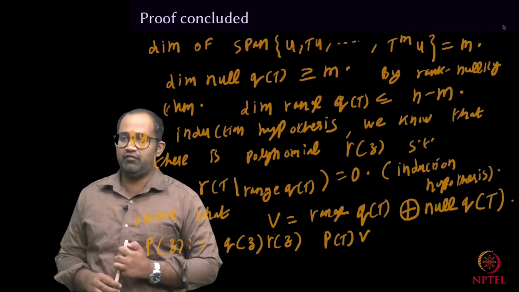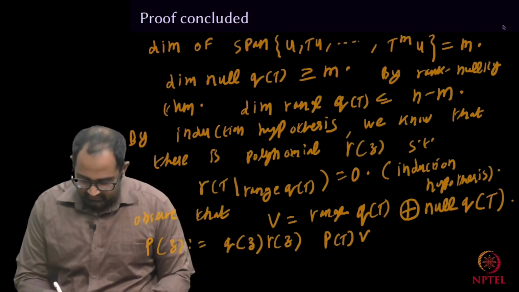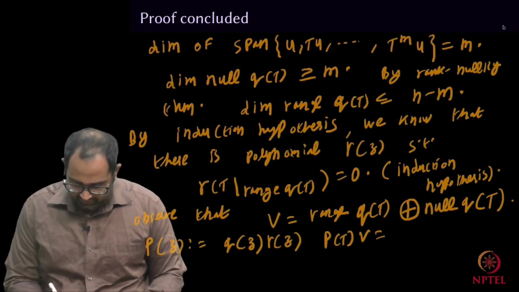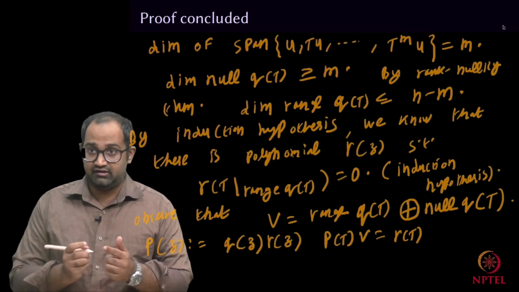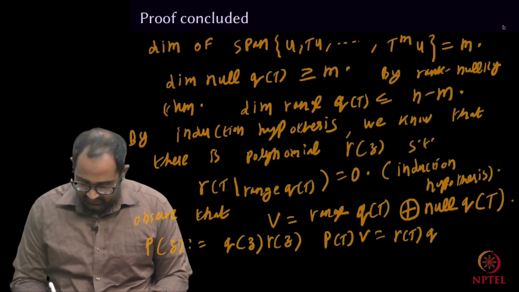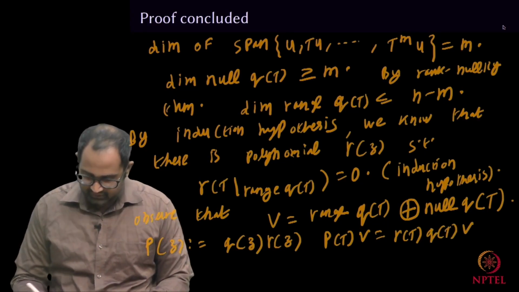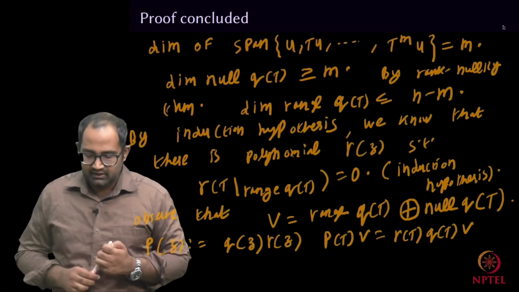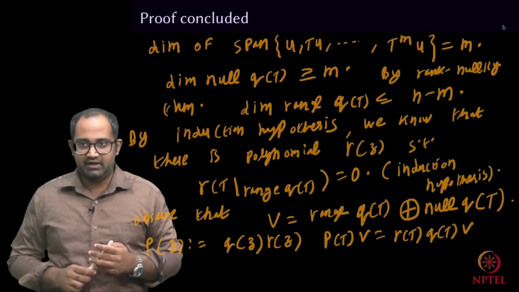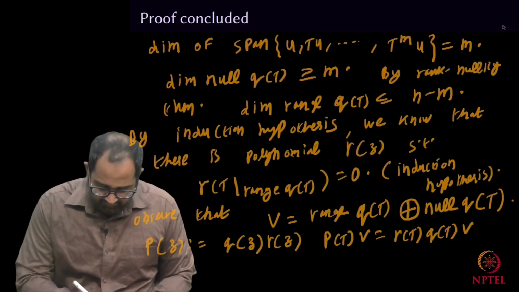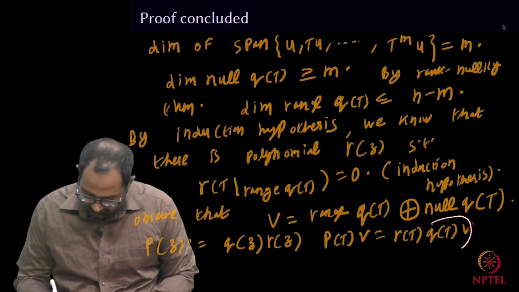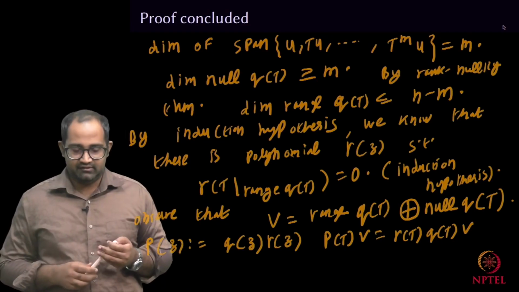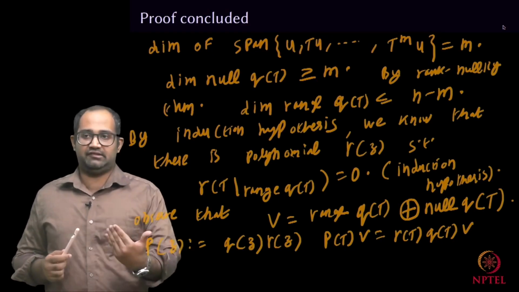Okay, look at P of t of any vector v. Well, by the properties of polynomial multiplication, this is going to be R of t composed with Q of t times v. But Q of t v is obviously in the range of Q of t for trivial reasons, and R of t kills the range of Q of t.